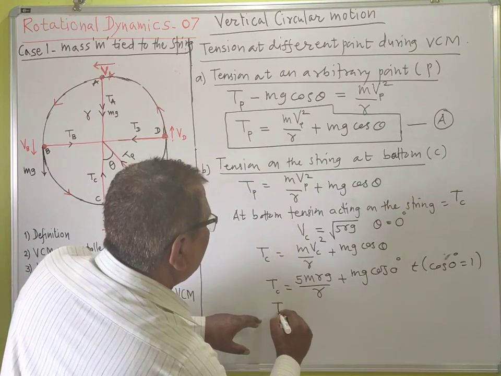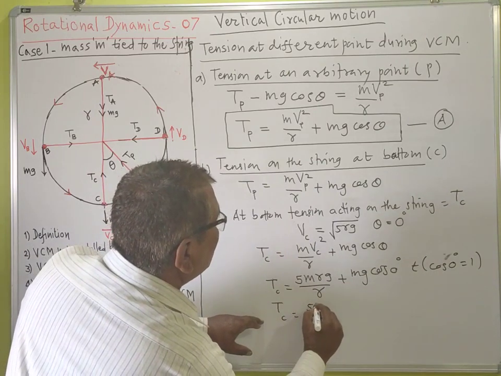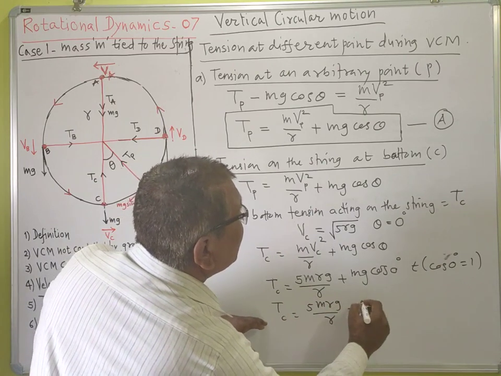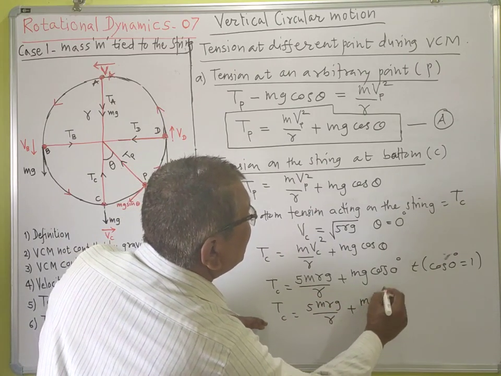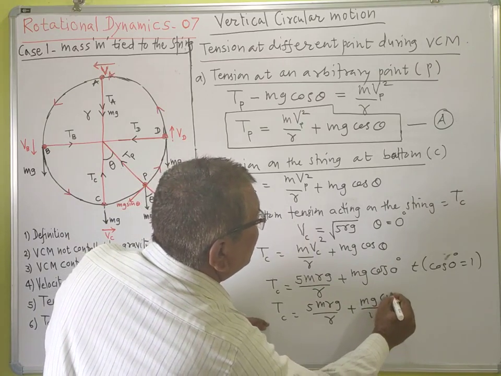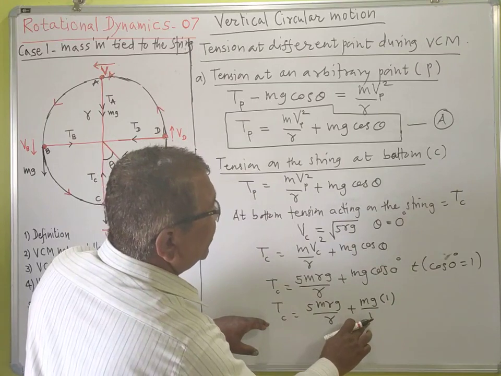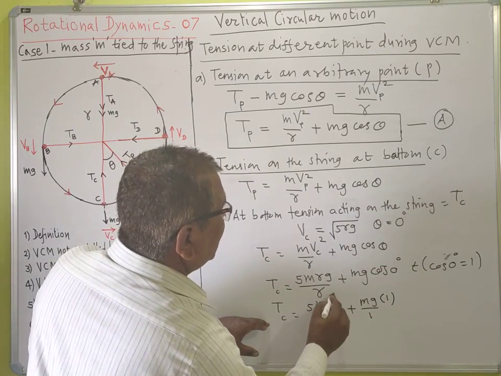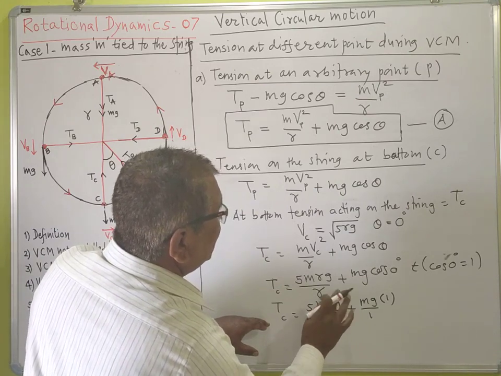So we get Tc is equal to 5mrg upon r plus mg cos 0, which is 1. So mg upon 1, cos 0 is equal to 1. I have written 1 here for our convenience. Take LCM, sorry, not necessary to take the LCM.